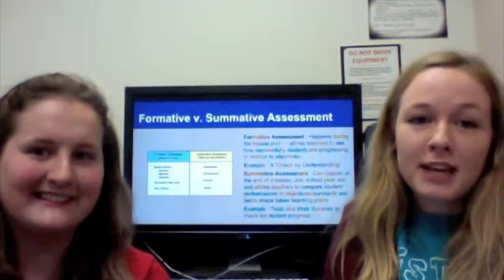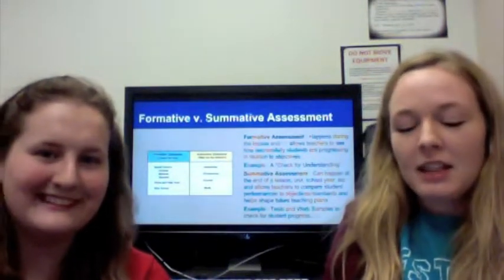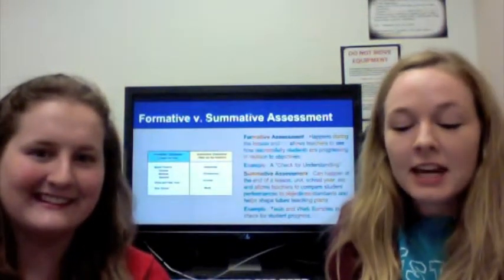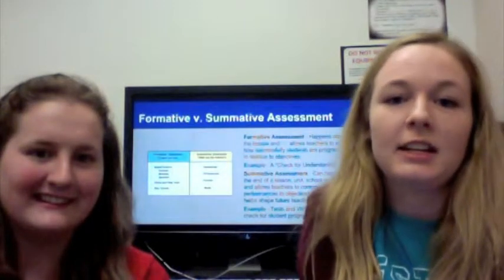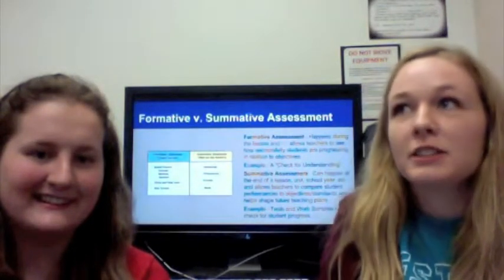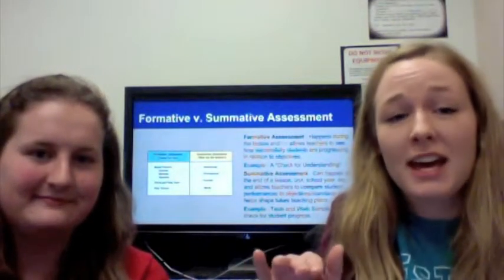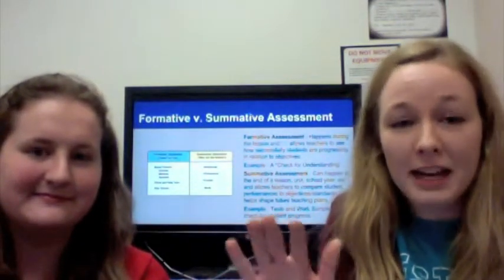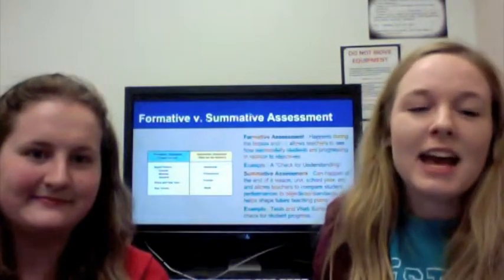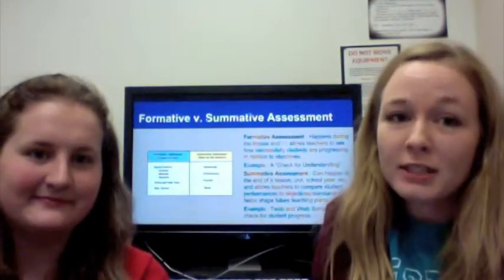But there are two different types of summative assessments. There is norm reference testing and there's criterion reference testing. Norm reference testing is just comparing your students' results to other students in that same age and grade development area, like an SAT score or an IQ test.